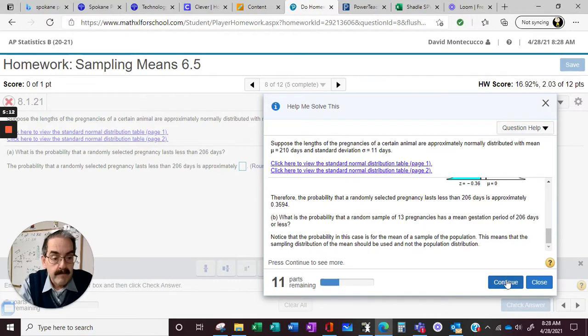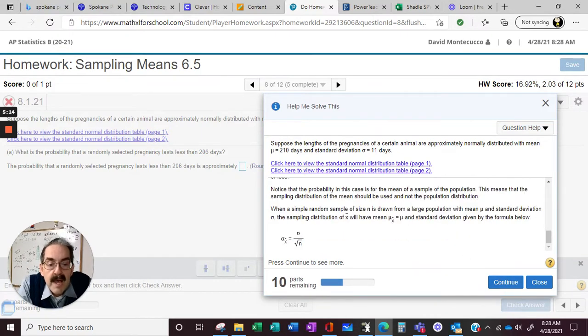Wow. Okay. So now we got to plug this stuff in. The sample size n is drawn from the larger population with a mean mu and a standard deviation of sigma. The sample distribution x bar will have a mean equal to mu, and the standard deviation is given by the formula below.